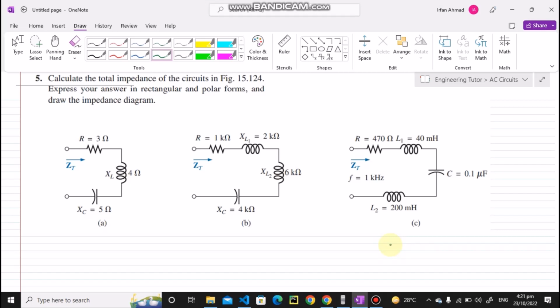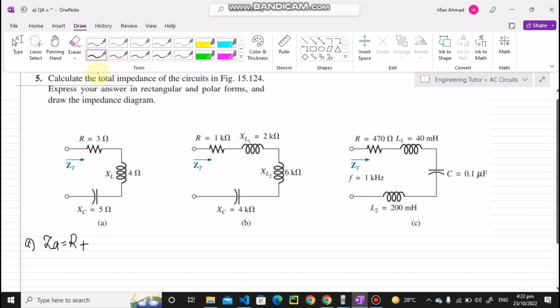So let us calculate the impedance in, let me change the color here. Okay, so that is A, and here ZA is basically... I have told you that first of all you have to see how many resistors I have in the circuit. So here I have only one resistor, similarly one inductor with inductive reactance.